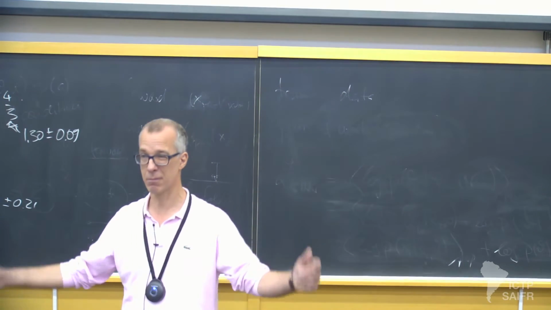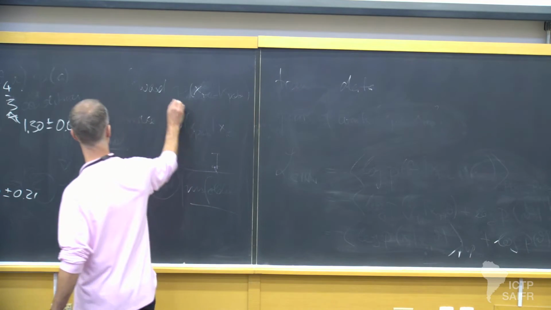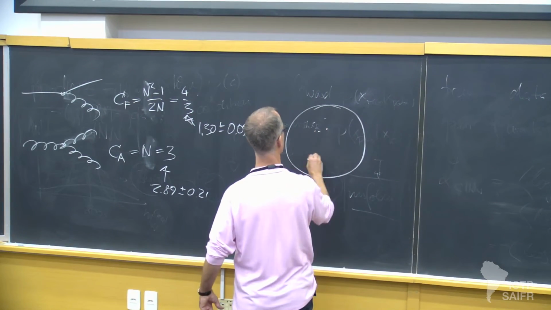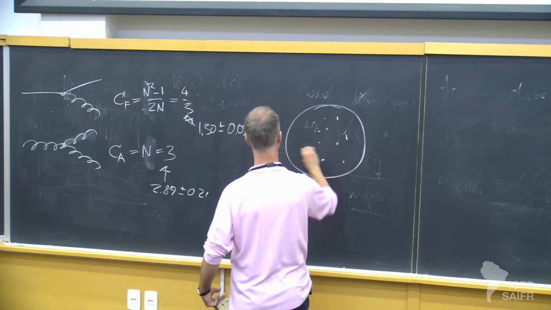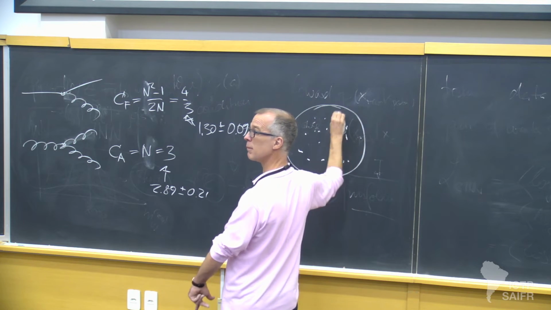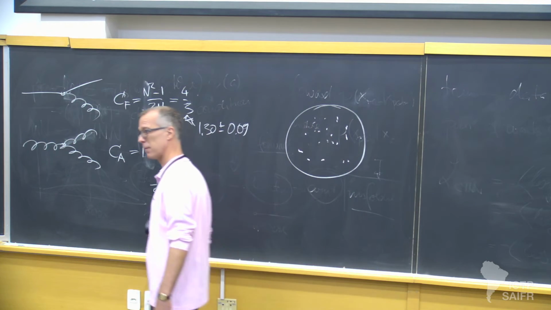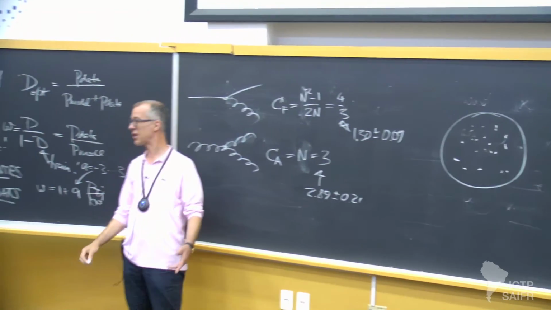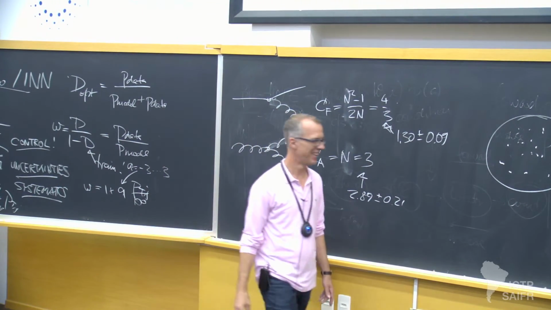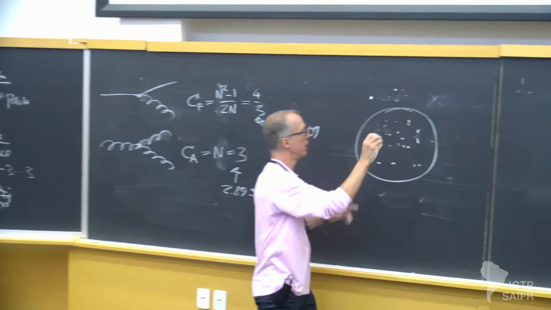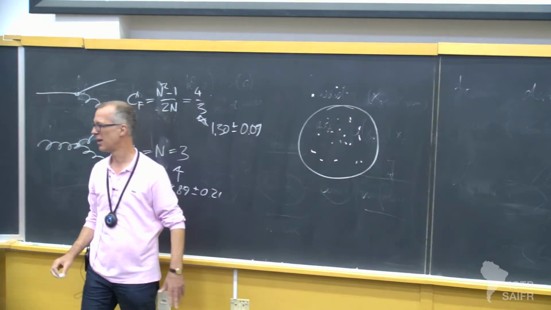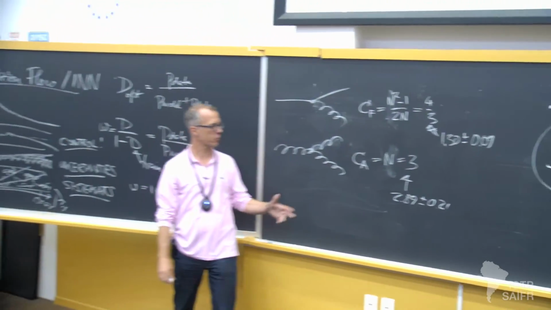I showed you what a jet looks like. Or two jets. Or you're missing stuff here. This is a jet. And that makes the problem look a little harder, right?